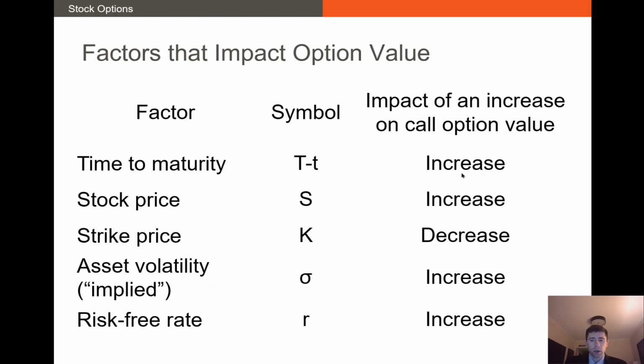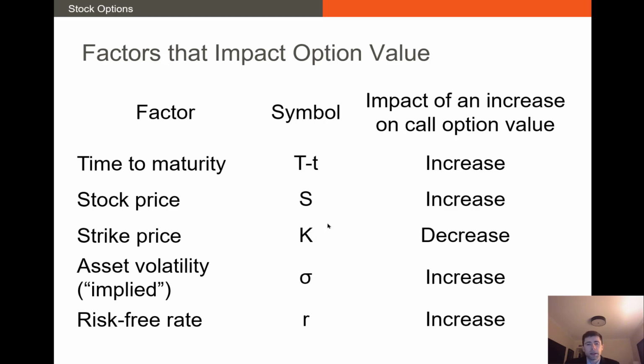So time to maturity, if that increases, that's going to increase the value of the call option because you have more time to exercise this call option. You have more time for it to be in the money. Stock price, if the underlying stock price for this option increases, that's going to increase the value of the call option because you're more likely to be in the money. Strike price, if that increases, then you're more likely to be out of the money.